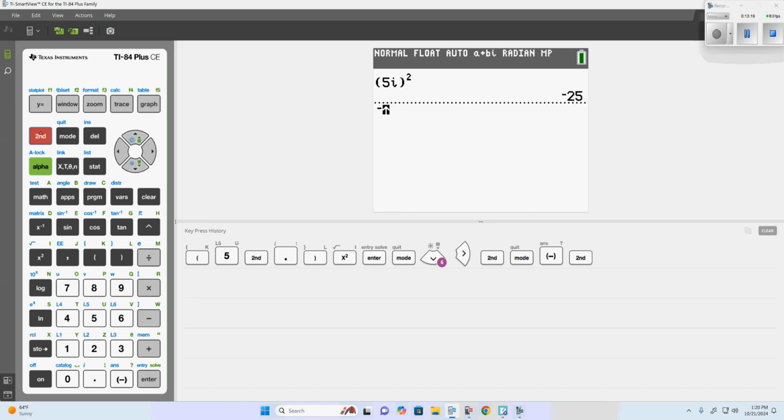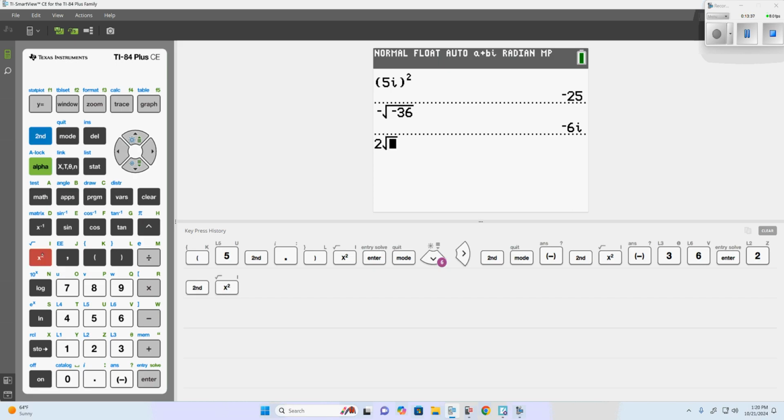So negative second square root, negative 36. It tells us it is indeed negative 6i, which is just what we got, yes? Now, the last one we looked at was 2 second square root negative 54. And we got what? 6i square root of 6.